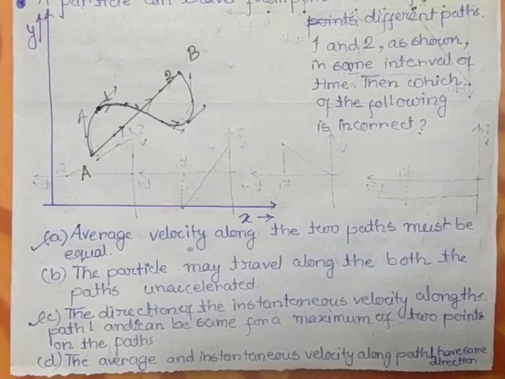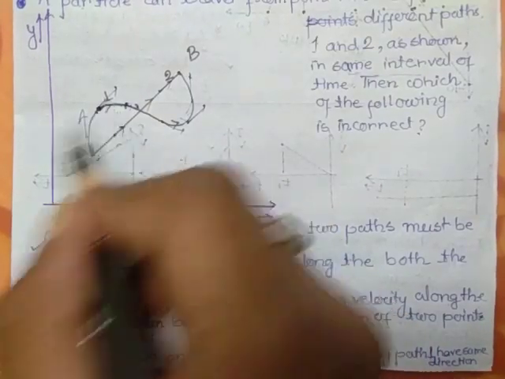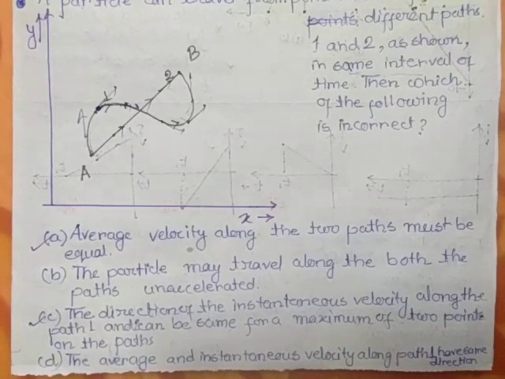If I check the instantaneous velocity, obviously it can be the same, because in each and every time interval its direction is like this. So D is somehow not correct. So I have now checked B and D.